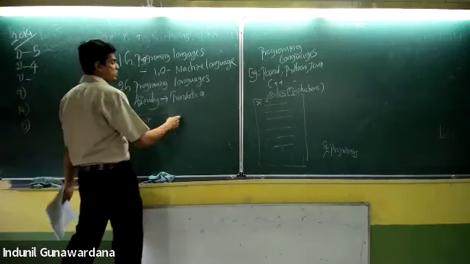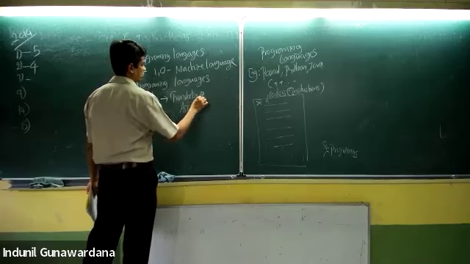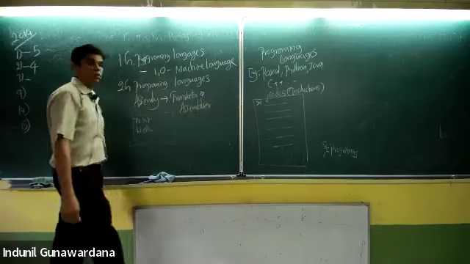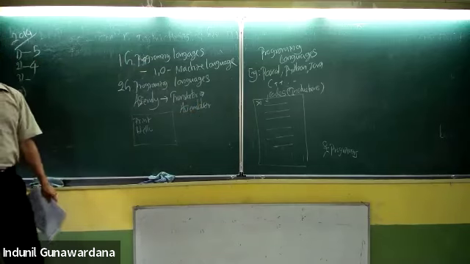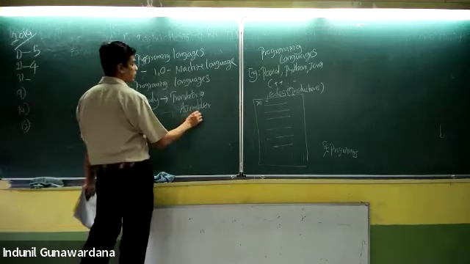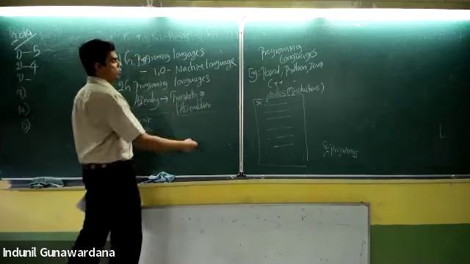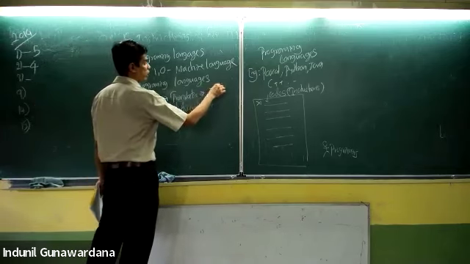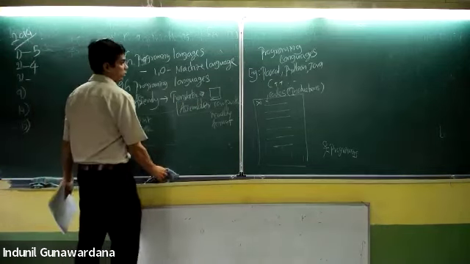So what are such translators we have? That's called the assembler. The assembler is the translator we expect in order to convert assembly language into the corresponding computer readable format. That's the second generation programming languages.